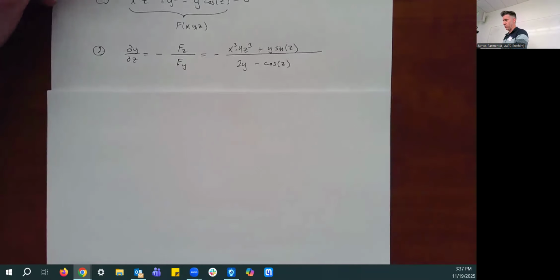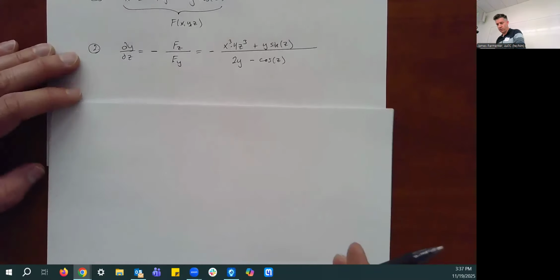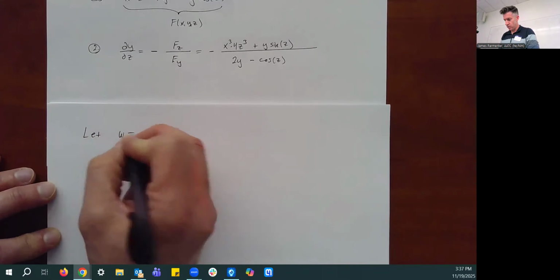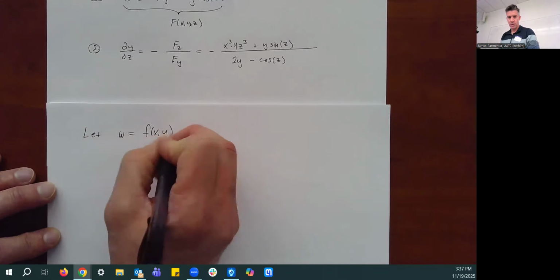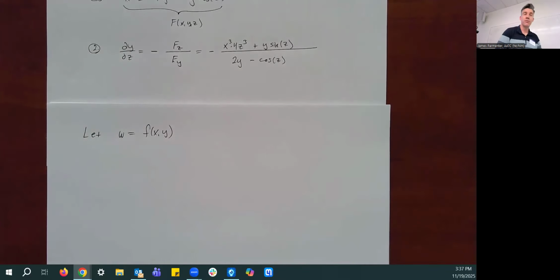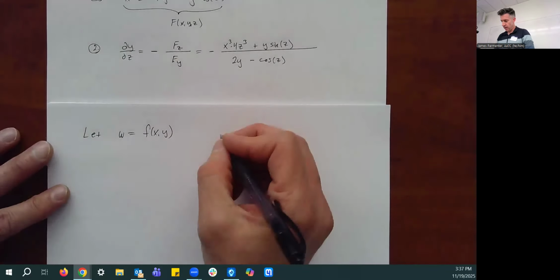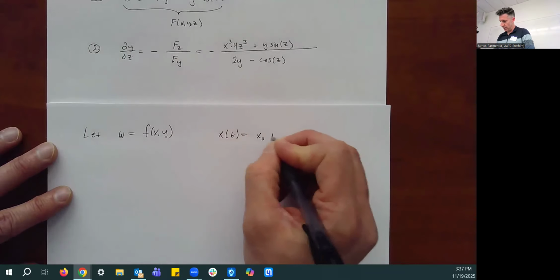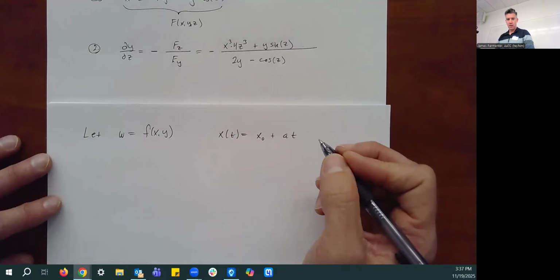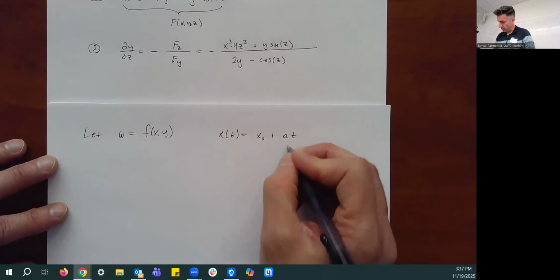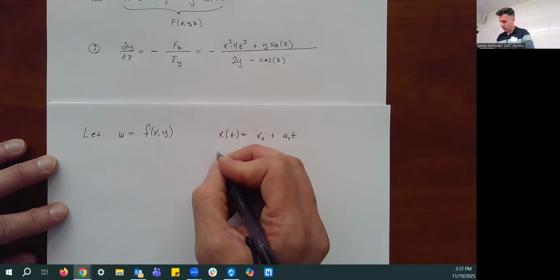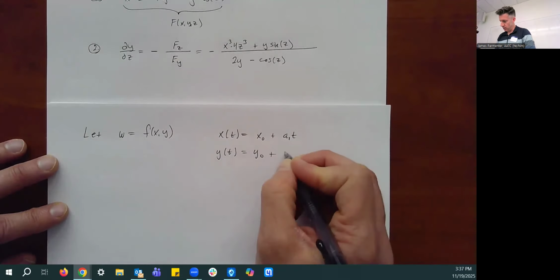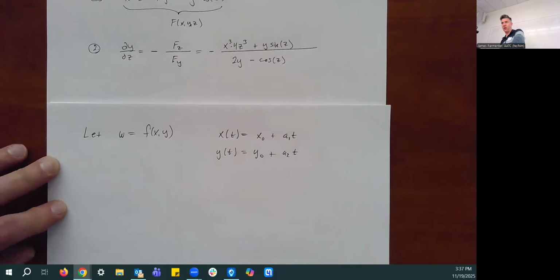So here's another chain rule problem, which is going to be interesting. We're going to let W just be a function of X and Y. We're not telling you what it is. And we're going to say that X as a function of T is X naught plus A1 times T, and Y as a function of T is going to be Y naught plus A2 times T. Already I don't like the feel of this problem.